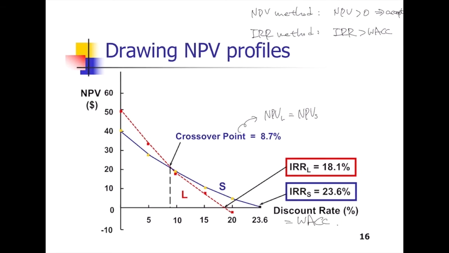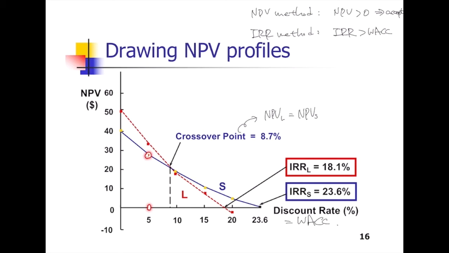In the IRR method, we accept if the IRR is larger than the cost of capital, right? So firstly, the project S case, IRR is 23.6 and WACC moves from 0 to here, right? So for example, at this point, IRR is 23.6, but WACC is only 5, right?